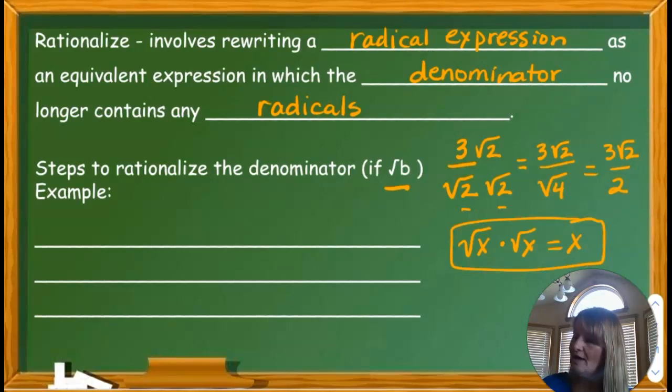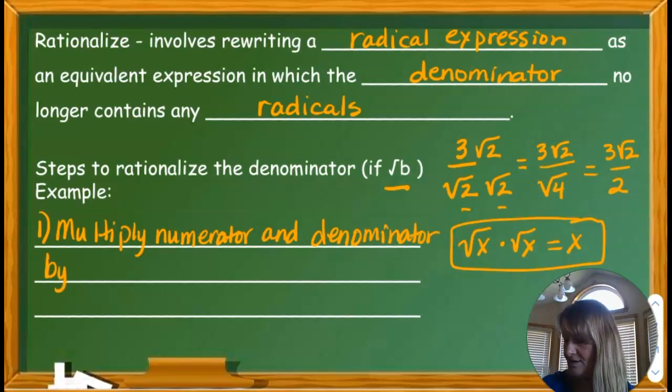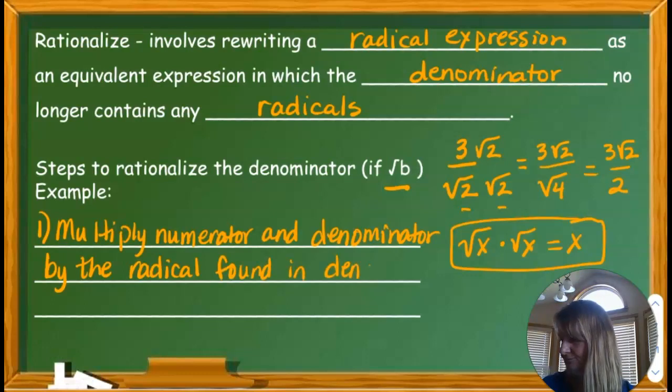Okay, so let's write down some steps, and then we'll do another one. The first step is to multiply numerator and denominator by the radical found in the denominator.